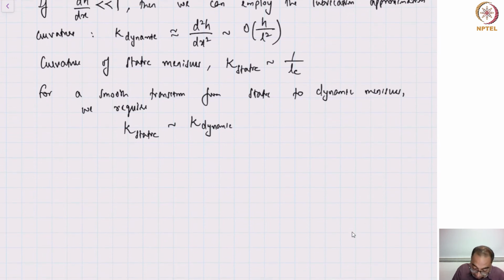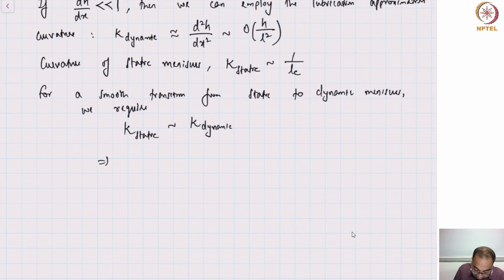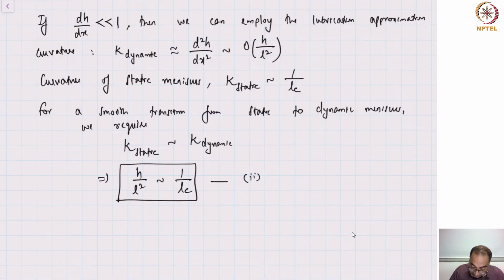The dynamic meniscus curvature is to match, and therefore I have h by L square should match with 1 by LC.